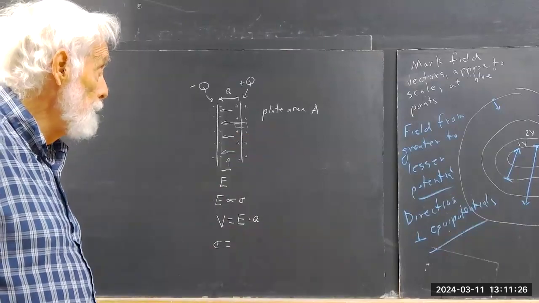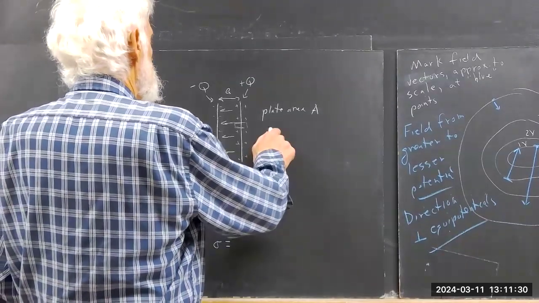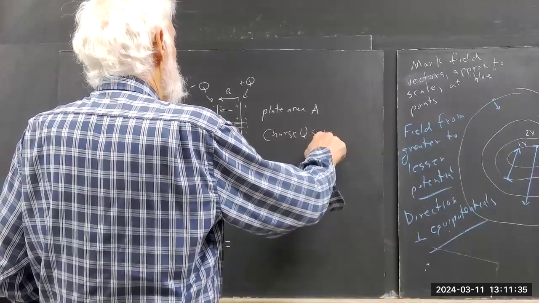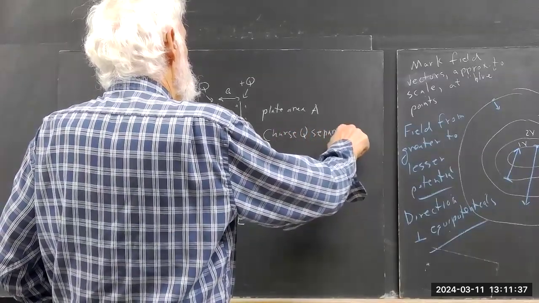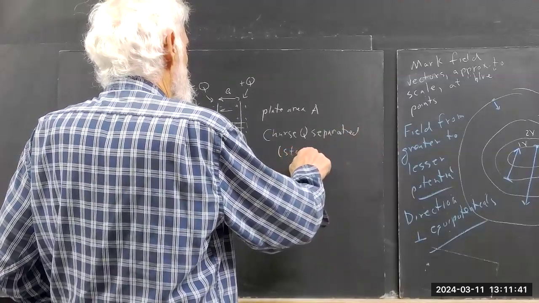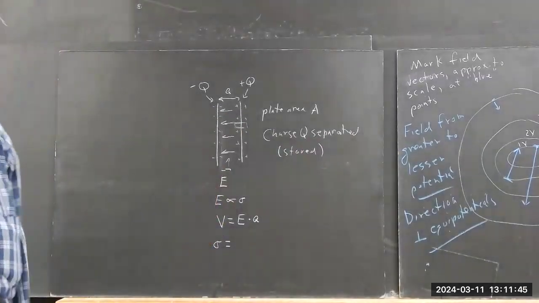The plate area is A. We've got charge Q separated, which means it's kind of stored, right?